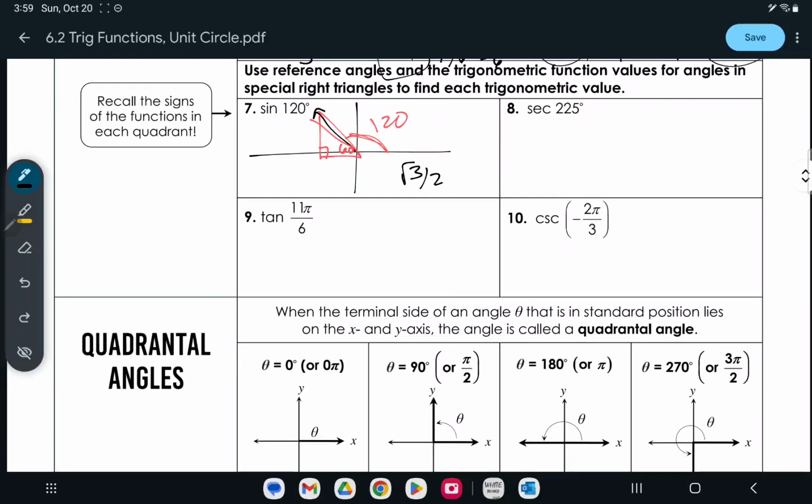Let's look at tangent. So 11π over 6 is here.